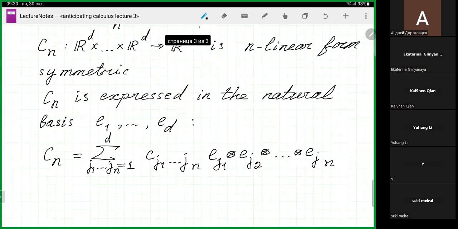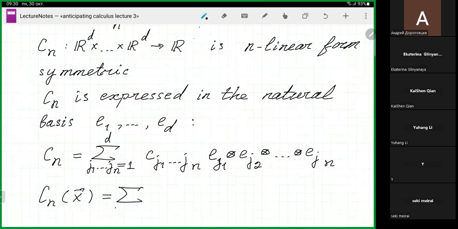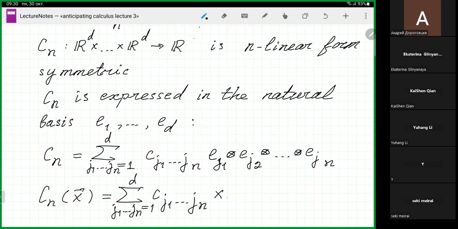And now Cn from x is equal to the sum from j1, ..., jn equal 1 to d, c_{j1...jn}, x_{j1}, x_{j2}, and so on, x_{jn}.